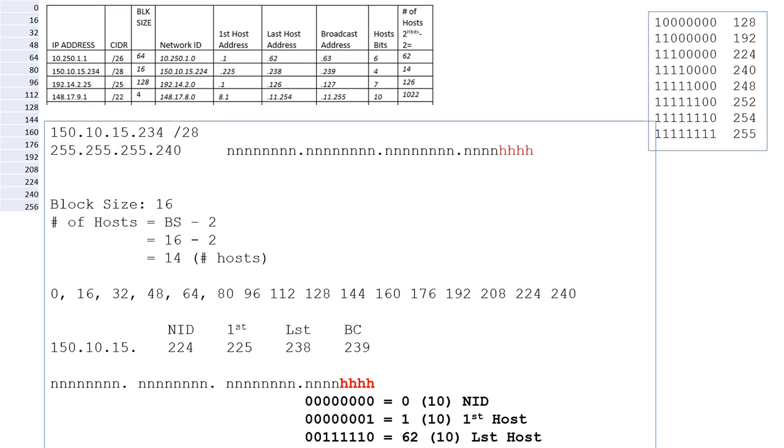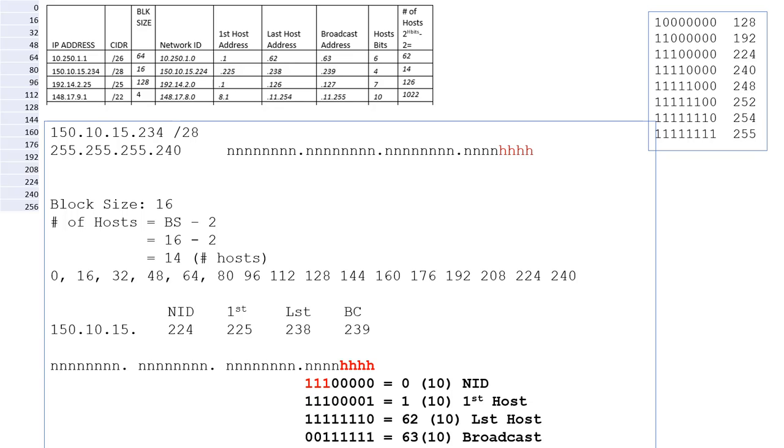So our network ID looks like this down below. I need to bump this up a little bit.